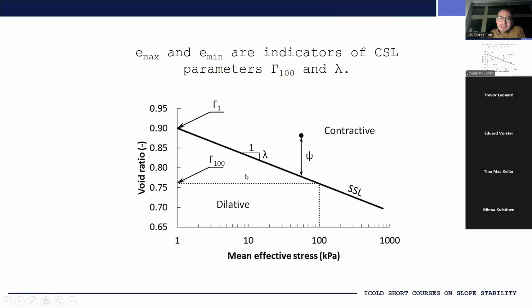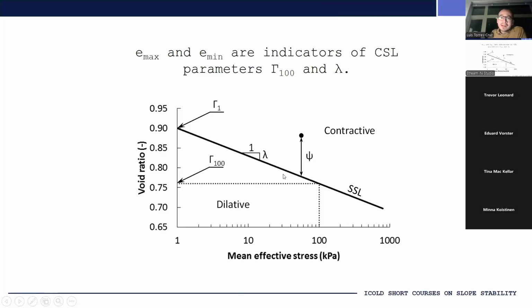And I need to say two more things about the critical state line. One is that this lambda depends on the base of the logarithm that you're working with. So if you're working with log 10, you get one value of lambda. But if you're working with a different base, I mean, the other common type of base is a natural logarithm, then that affects your value of lambda. And I'm going to show you just now how you can go from one base to the other.